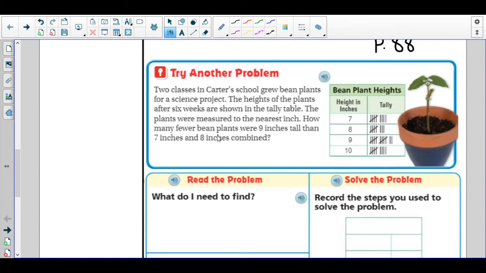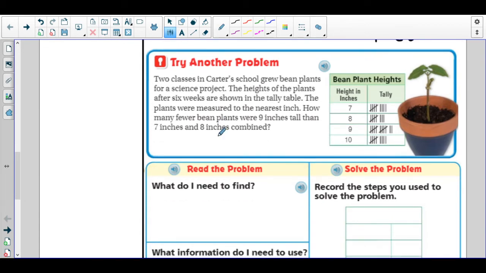Here is another problem. Two classes in Carter's school grew bean plants for a science project. The heights of the plants after 6 weeks are shown in the tally table. The plants were measured to the nearest inch. How many fewer bean plants were 9 inches tall than the 7 and 8 inches combined?